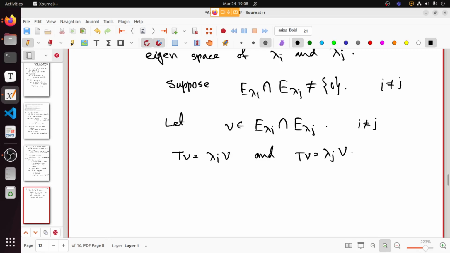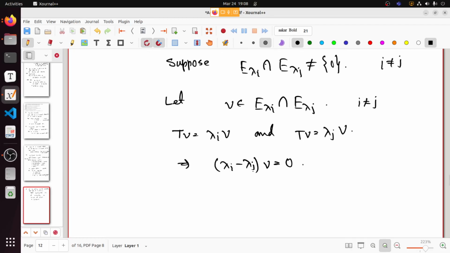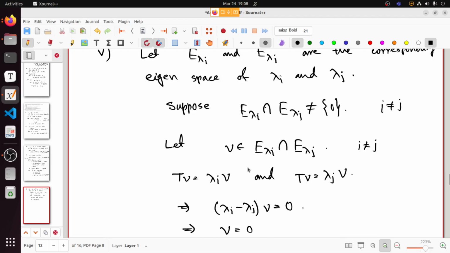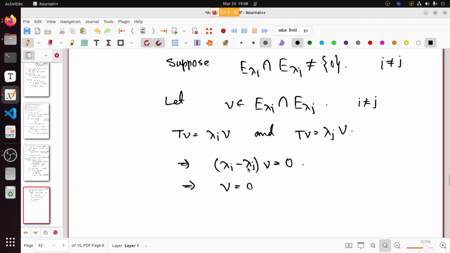So if you subtract these two, which implies lambda i minus lambda j times v equals 0. But i not equal to j means lambda i not equal to lambda j. So this implies v should be 0, right? So the only element in the intersection is 0.